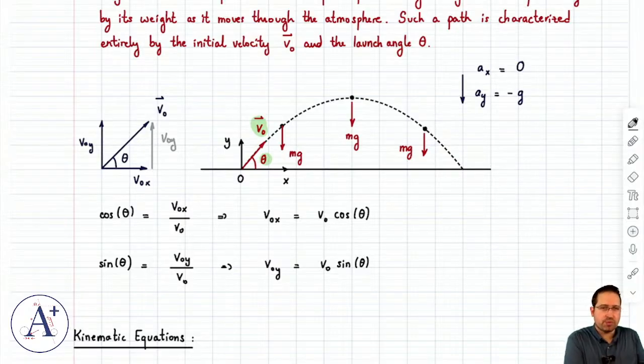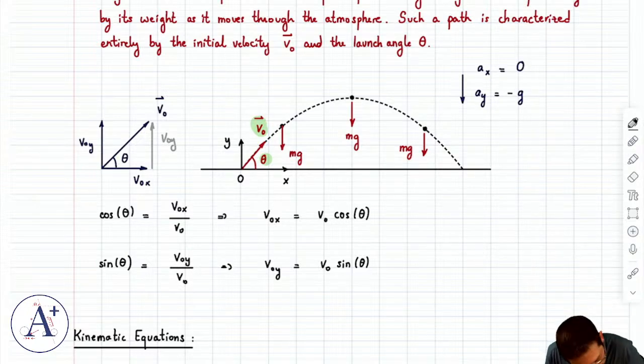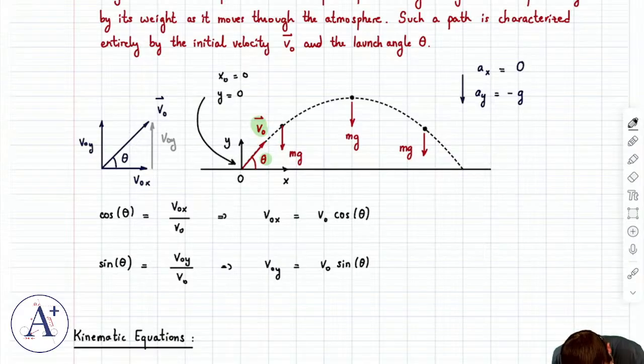The placement of the origin is always up to you, unless the problem mandates that you choose a specific origin, which sometimes we do because we want to grade the same version of all the exams. We don't want everyone to pick and choose their own origin. But if I get to choose, I'm going to make it so that x naught is 0 and y naught is 0. I start at the origin, so both x and y are 0 when I launch.